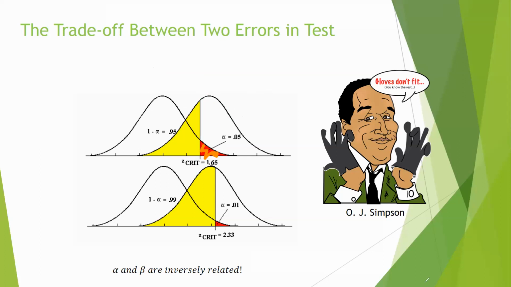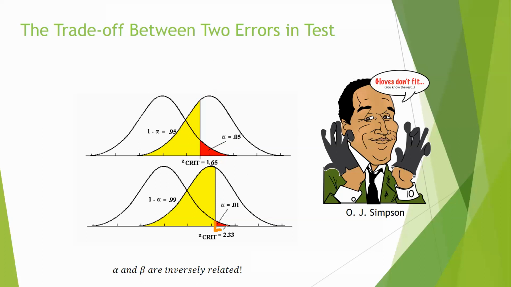The type 1 error is the red area. If you want to reduce this, you make the cutoff more stringent, moving it to the right-hand side, so the rejection area is now less than 0.05, right? But see what happens if you move your cutoff from here to here: you're going to increase your type 2 error, which means there's a trade-off between the type 1 error and the type 2 error. Does that make sense? Okay, very good.